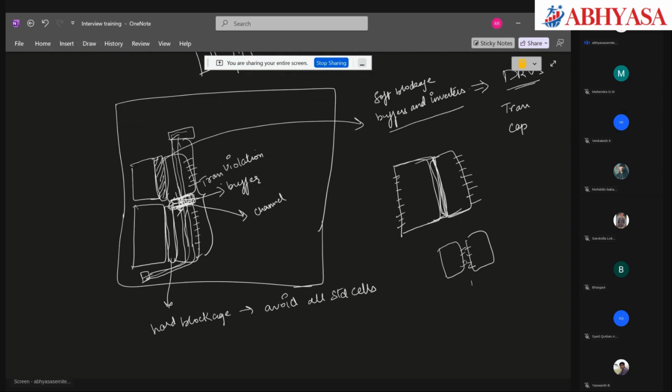This is fine when you only have two macros in your design, because any route can go like this or go like this.